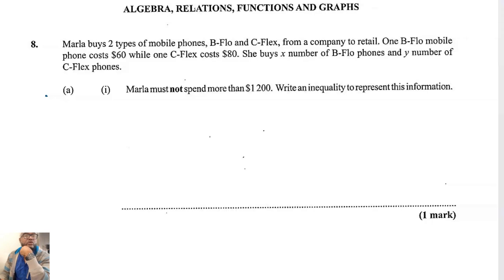So let's go. Marla must not spend more than $1,200, right? So how much? If it's okay, let me start there. We know it's less than or equal to 1,200, right? Now what is less than or equal to? Let me deal with B-Flow.